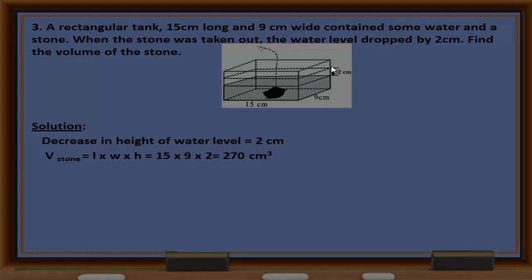And the height after the stone is removed is 2 centimeter. Then 15 times 9 times 2 is 270. That is 15 times 18 is 270 centimeter cube, the volume of the stone.